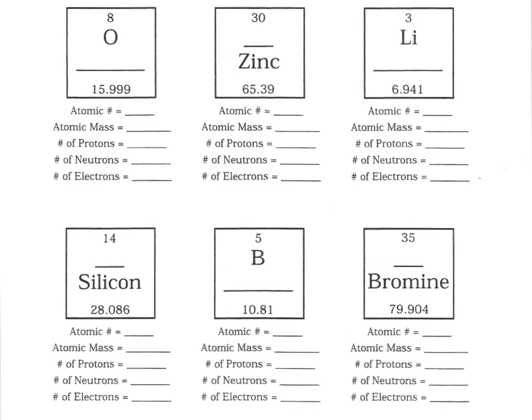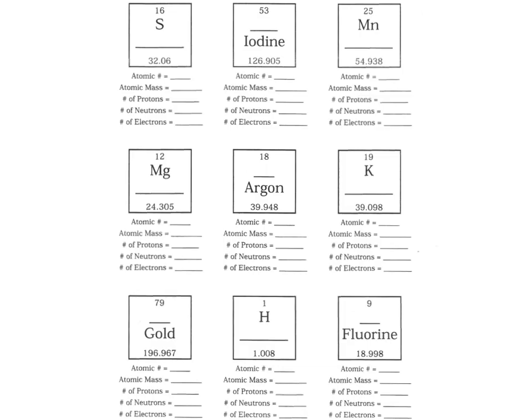So your homework is to complete the rest of the first page of the atomic mass, identifying the atomic number, atomic mass, number of protons, neutrons, and electrons, but also filling in what is not known for each of the elements. So you've got this page, but you also have the second page that has 9 more, and you're going to do the exact same thing.